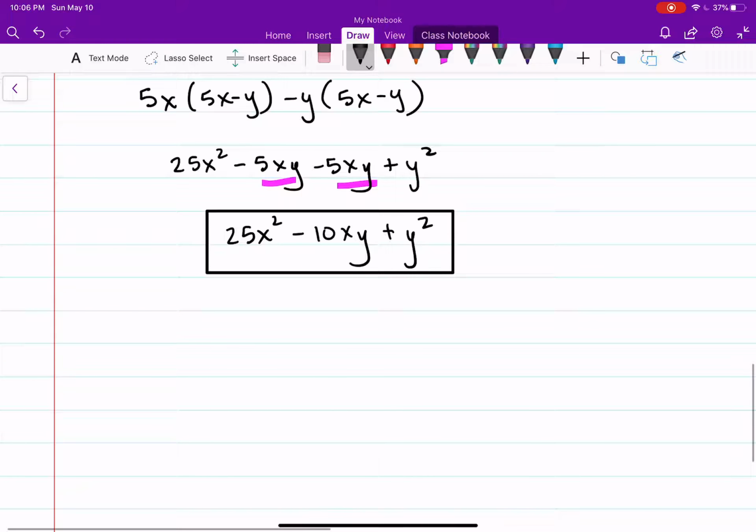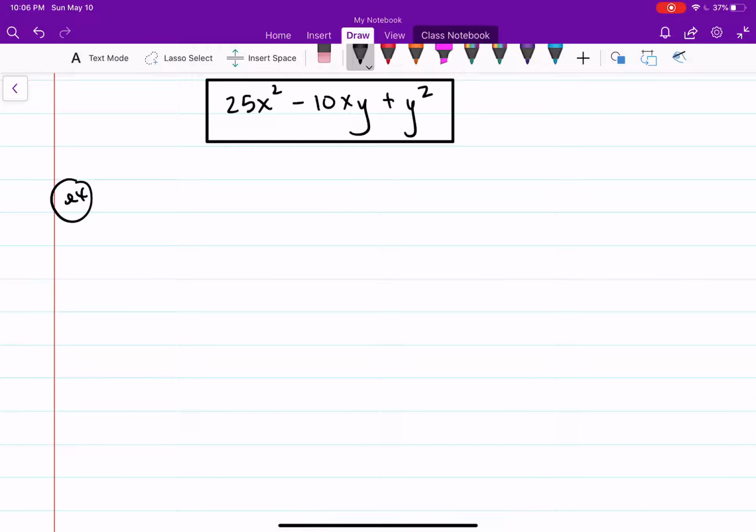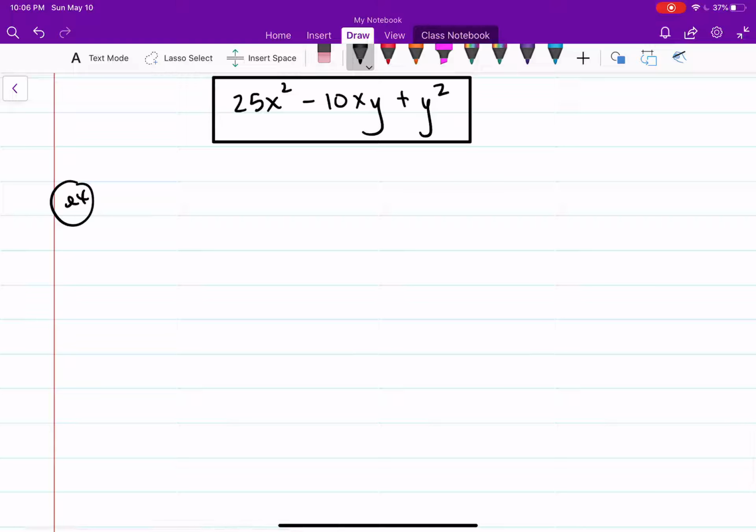All right, so the last one I'm going to go over, because this typically comes up as well, is what if I have x minus 9 times x plus 9 times x squared plus 81, right? Oh no, oh no, oh no. I have 2 terms times 2 terms times 2 terms. What do I do?